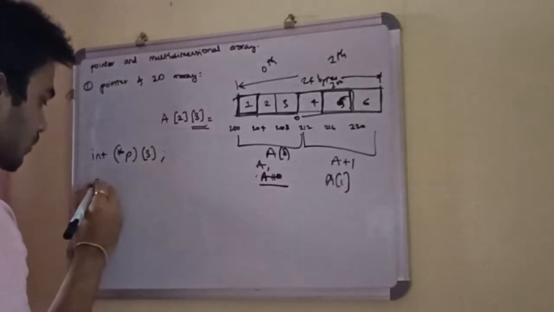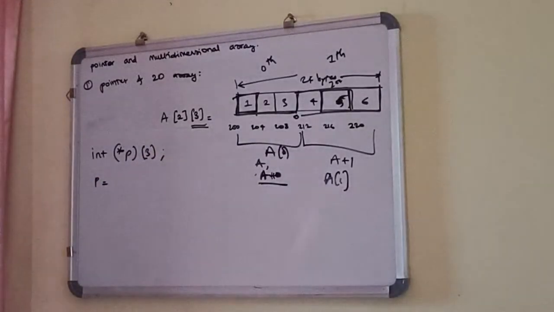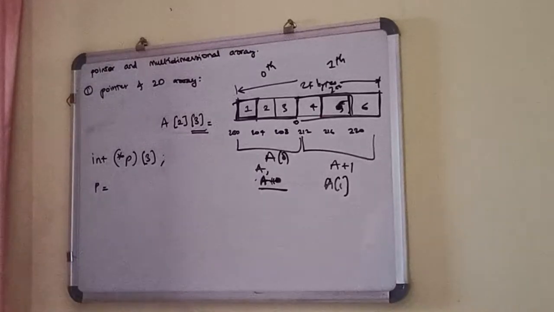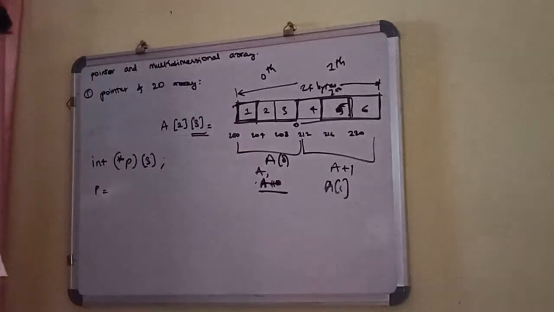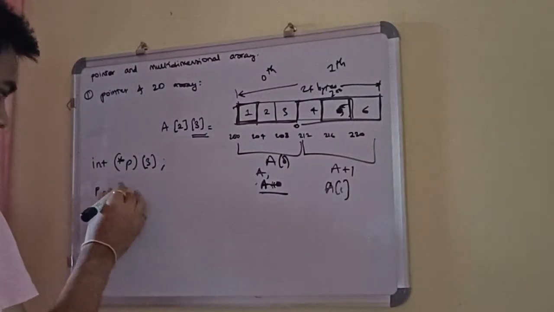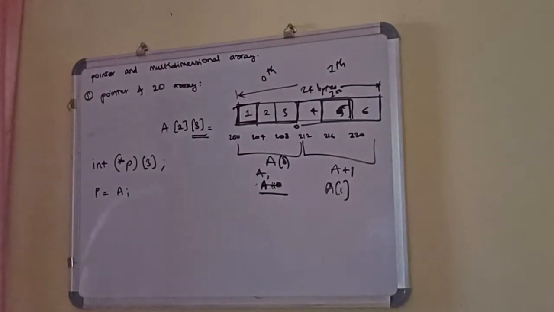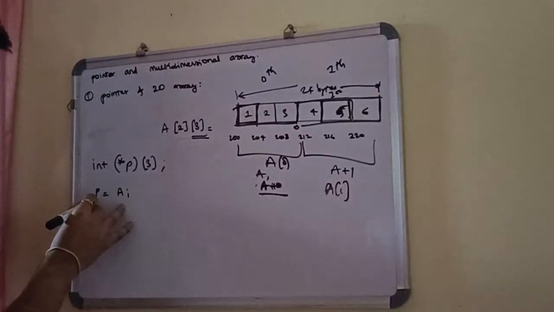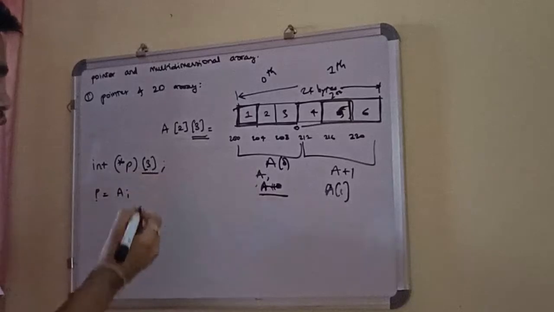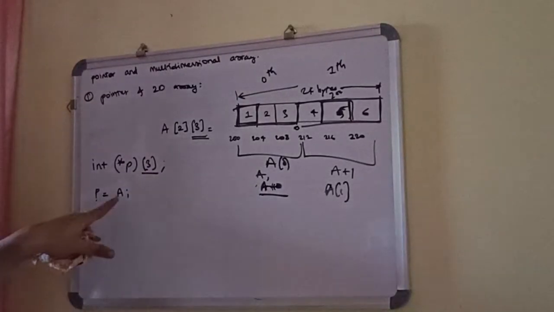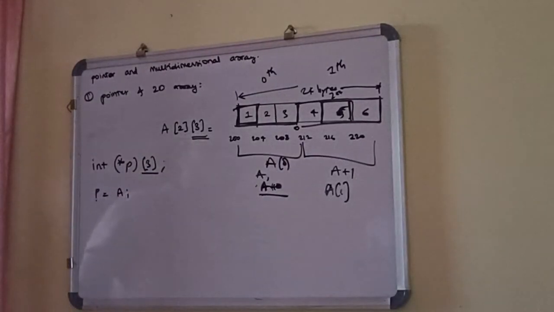And now if we write p is equals to a, this is valid because p is a pointer to an array of size 3, and here a is an array of size 3.